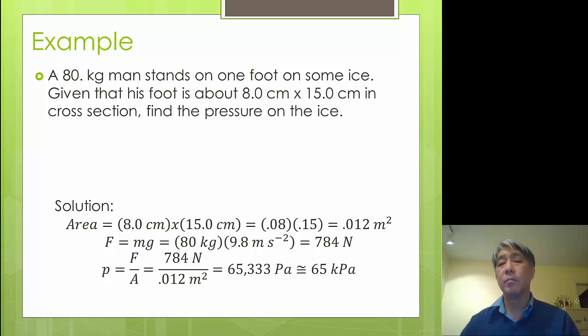The area, making sure I convert to meters, is 0.012 square meters. When I divide that, I find that there's quite a lot of pressure on this ice, 65 kilopascals, as a matter of fact. Hopefully the ice is strong enough so he doesn't fall through.